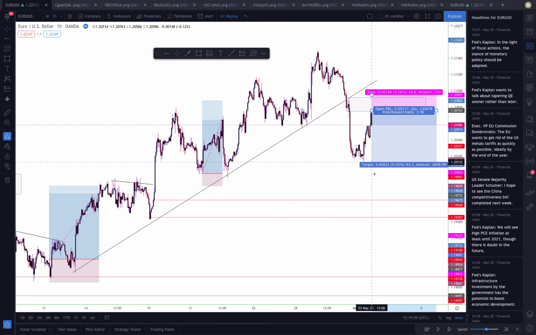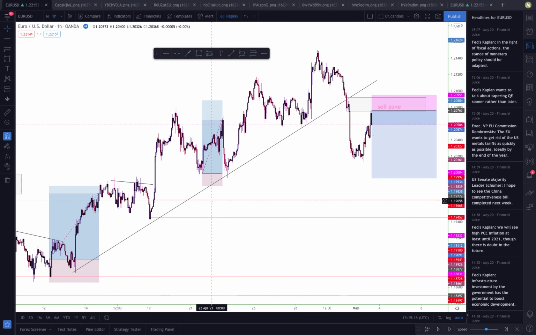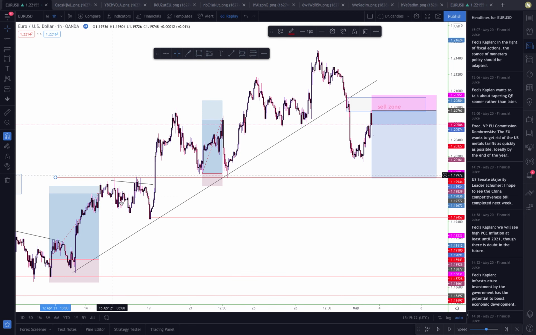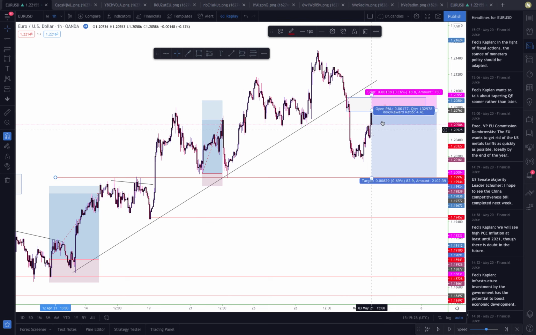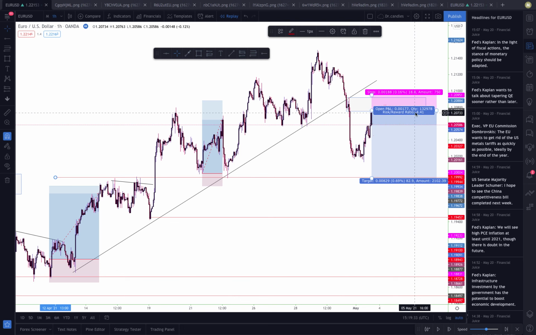Then we can extend our take profits to the nearest resistance or support. Over here you see this was a major resistance zone that became a support. So we want to use that major area as our take profit, and then our risk reward ratio is 1:4, which is very nice.